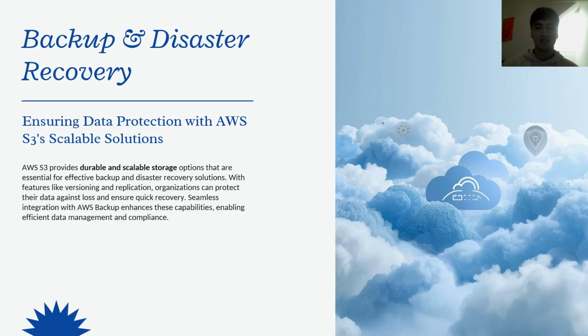Teams often schedule automatic backups to S3 so they can quickly restore systems. If something fails, for example, if a company's server crashes or gets attacked by ransomware, they can recover their files directly from S3. This makes S3 an essential part of business continuity planning.